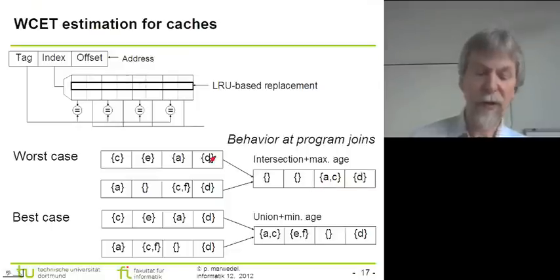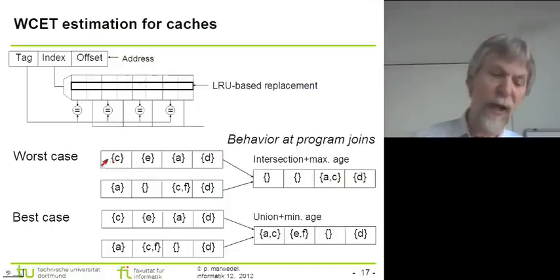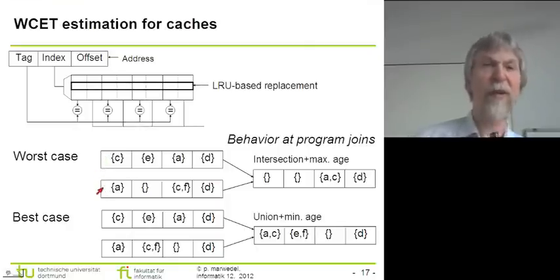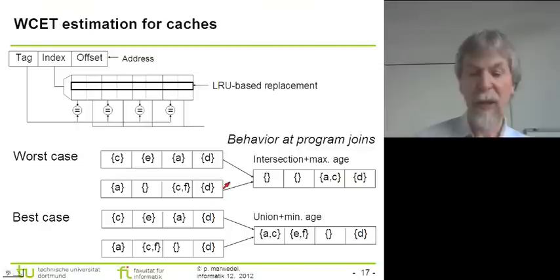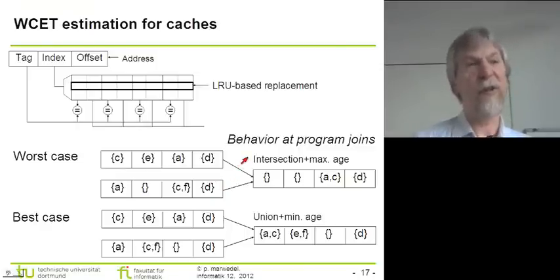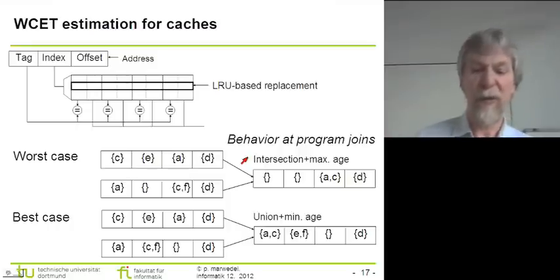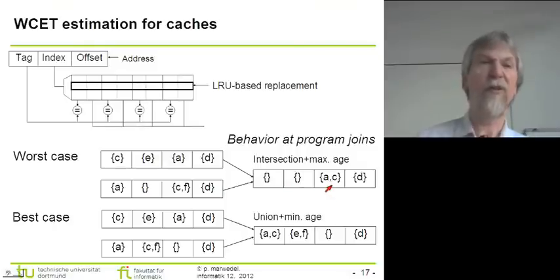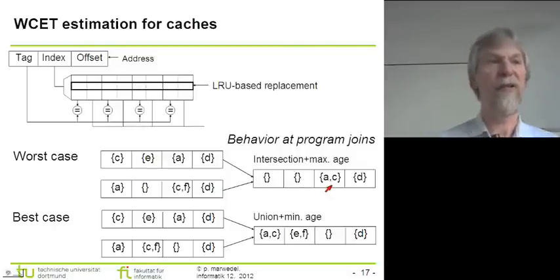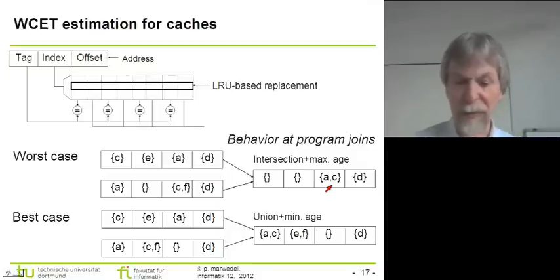That means in order to have a correct transition from the two states that we have before the program join, we have to consider the intersection between the variables, because something that is not there before the program join will not be there in the cache after the program join. And when we consider the age, we have to consider as a worst case the maximum age.